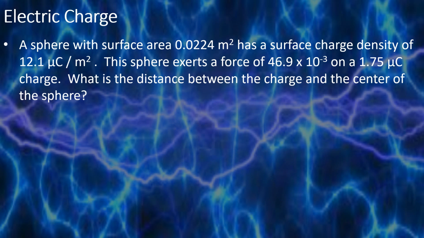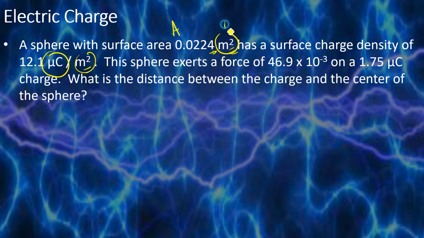Okay, let's go on. A sphere with a surface area of, so this time we are told the surface area is, so this is our A. It has a charge density of 12.1, so notice the units, microcoulombs per meter squared. The sphere exerts a force, and notice, these agree, right? These units have to agree right here.